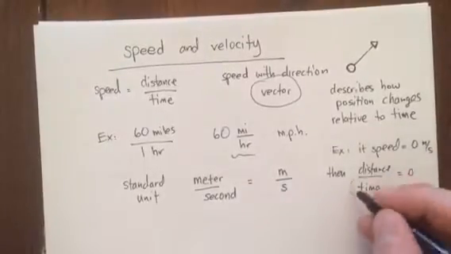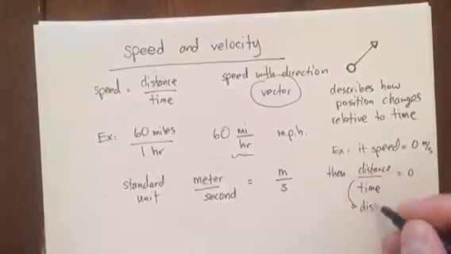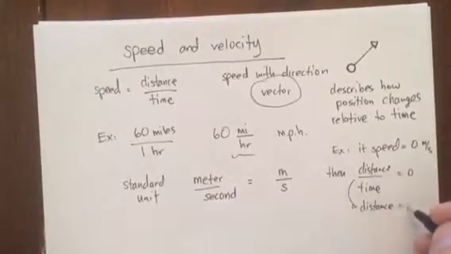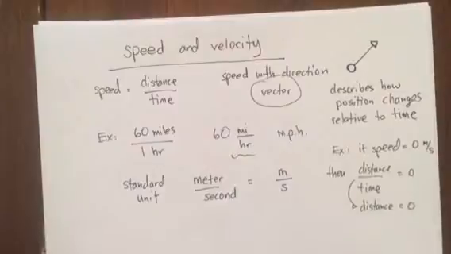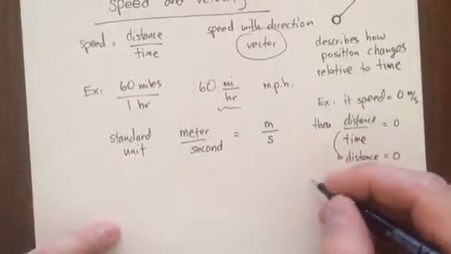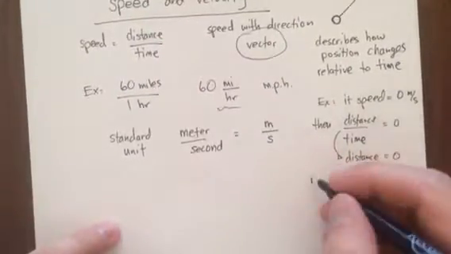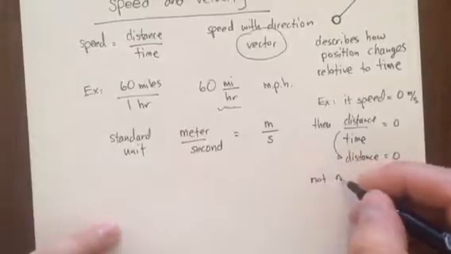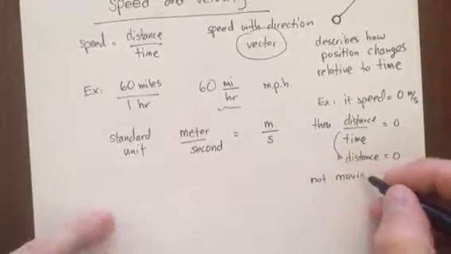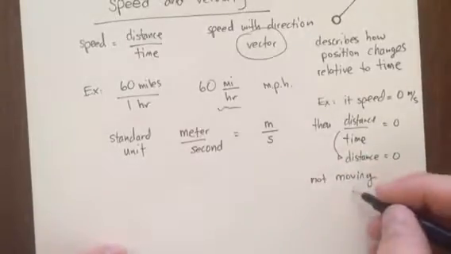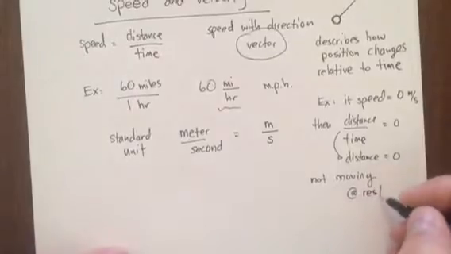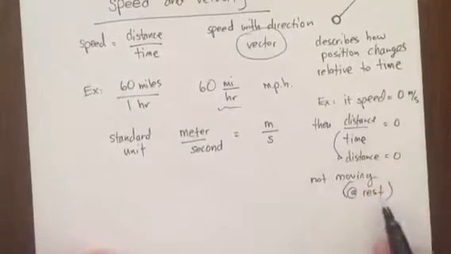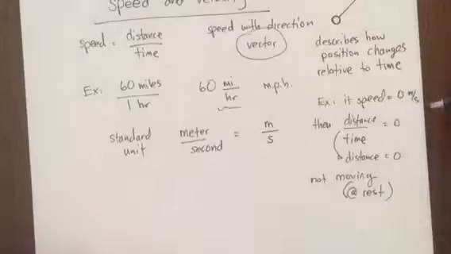For this to be 0, that means the distance that you went is 0. That makes sense. That should be logical, because if your speed is 0, you're not moving. This is also referred to as at rest. If you are at rest, you cover no distance because your speed is 0.